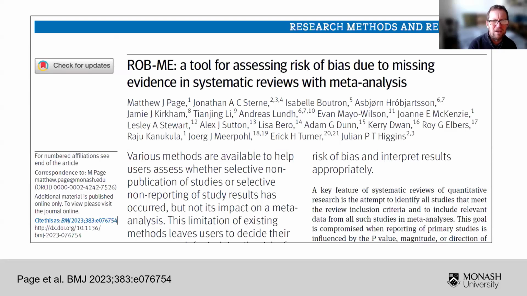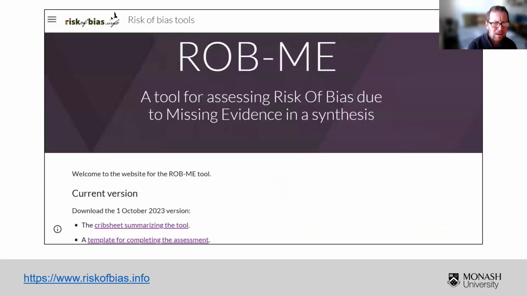So the full publication of the tool came in this BMJ paper last year, and that paper describes both the development of the tool and its main features. Next, please. However, as with all of the risk of bias tools that our group developed, the best place to look is on the website.